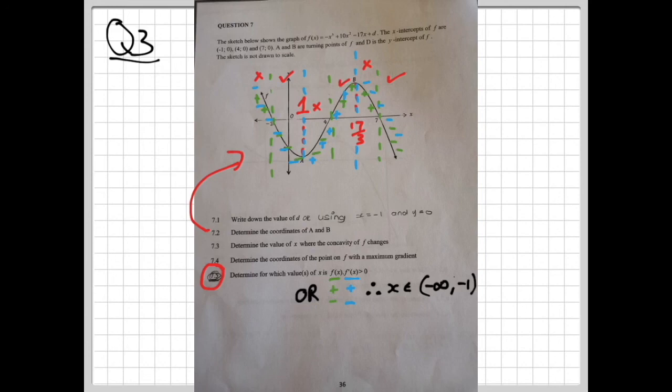X cannot be infinity. Therefore, we've got a round bracket. By -1, it's also a round bracket because I don't say equal to 0. Next up, I've got between 4 and 17/3. There's my next one.